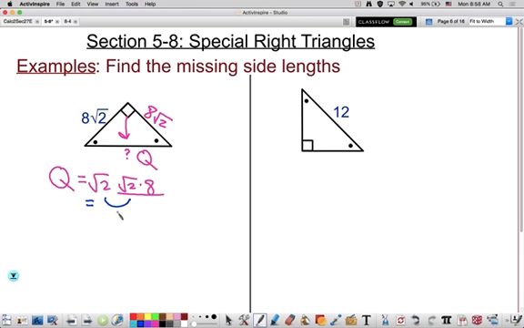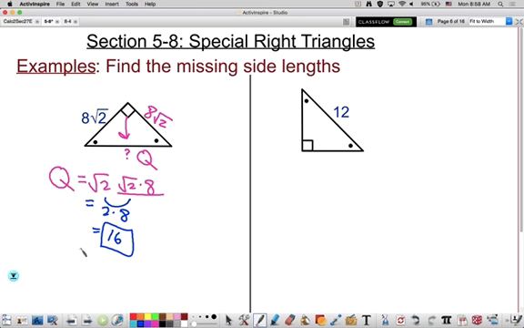It's 2. I got one person, 2 people, you got 4. Somebody else? You didn't type that in correctly. It's 2, right? What happens when you have 2 of these? They cancel out, right? So this is 2 times 8, so that is equal to 16. So side Q is 16. That's it? That's it.